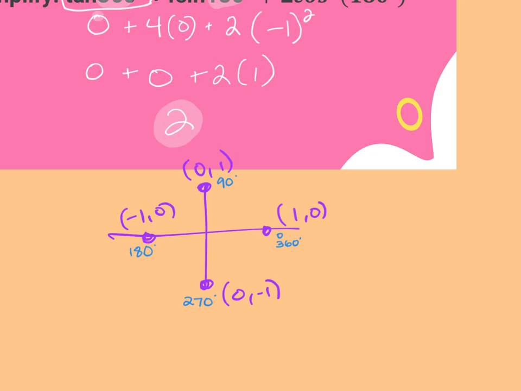Quiz is Wednesday of next week. On which section? Just 5-2. So what we learned up till today.